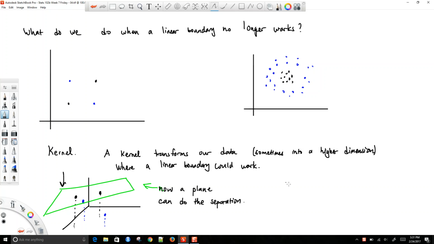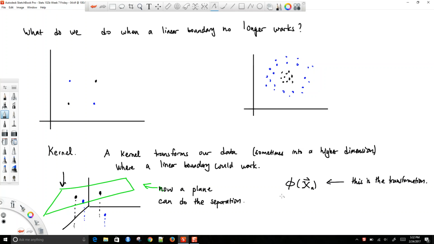The kernel is this kernel function that we apply to a point. This is the transformation. And the amazing thing is we actually don't even need to know what the exact transformation is. All we have to do is know the inner product after the transformations have happened.